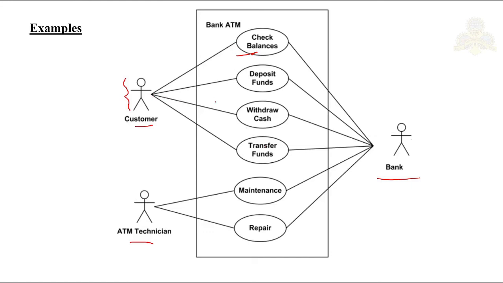Whenever a customer or actor can do a specific functionality, we have to represent it with a line from the actor to the use case. This is just an assumption or example: usually a customer will not do a repair thing, but take for example, we want to connect this customer or this actor with this use case.